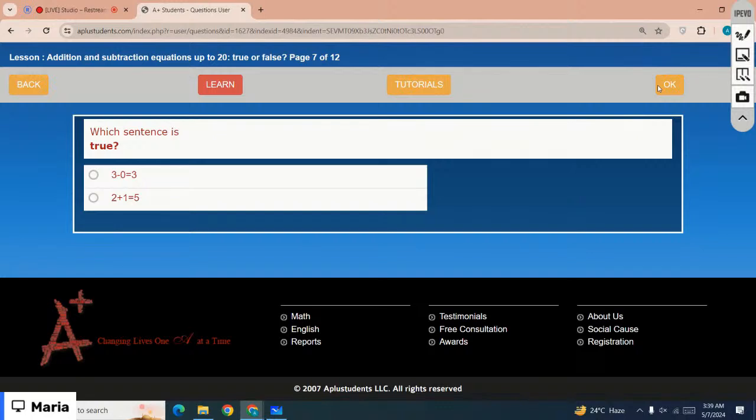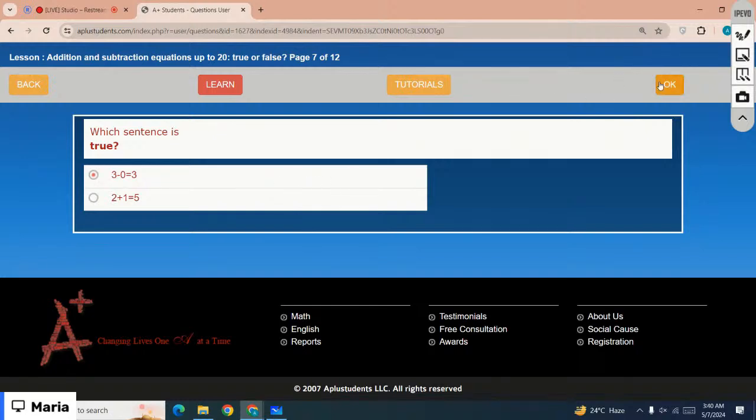Which sentence is true? 3 take away 0 is 3 or 2 plus 1 is 5. Which is the correct option? That is 3 take away 0 is 3.